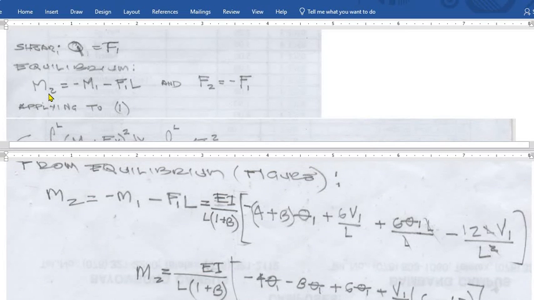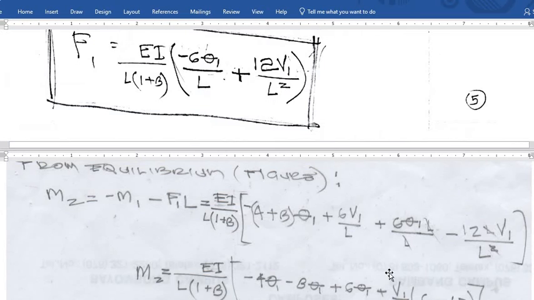Okay, so M2 now is equal to minus F1 minus F1L. Yung F1, negative F1 naging positive 6 theta 1 all over L, no?